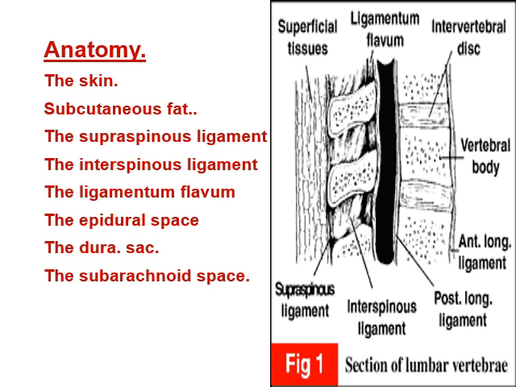Again, layers which are pierced by the spinal needle: skin, subcutaneous fat, supraspinous ligament, interspinous ligament, ligamentum flavum, epidural space, dura, then the subarachnoid.